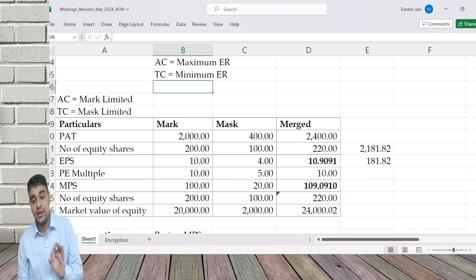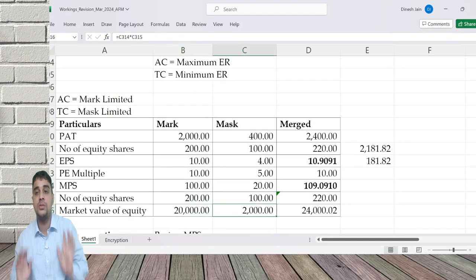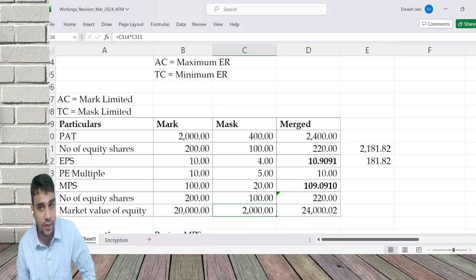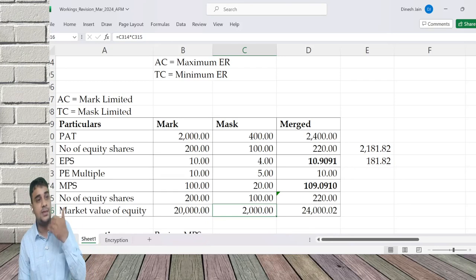Minimum consideration: if you are the seller of Mask Limited, you will say, minimum give me 2,000, because that's my value today. So minimum consideration is equal to the pre-merger value of the target company. What is the maximum consideration or maximum exchange ratio?